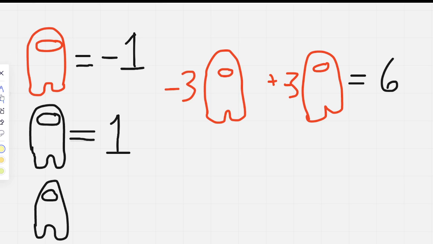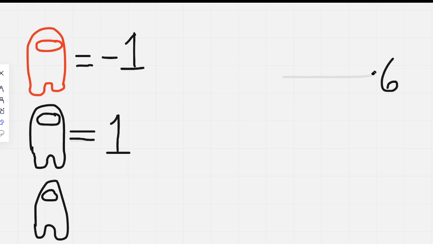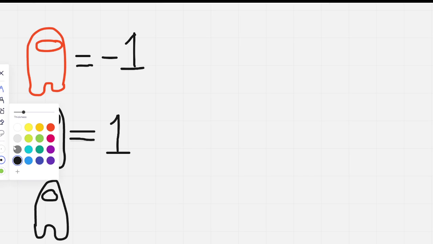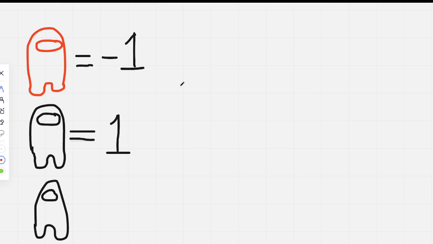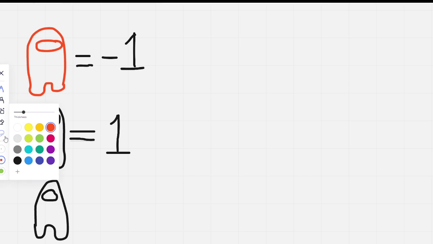I said this would be the last one, but that was actually a quick one. So I'll do one more difficult one, and this is one for subtraction. So subtracting imposters instead of adding imposters.